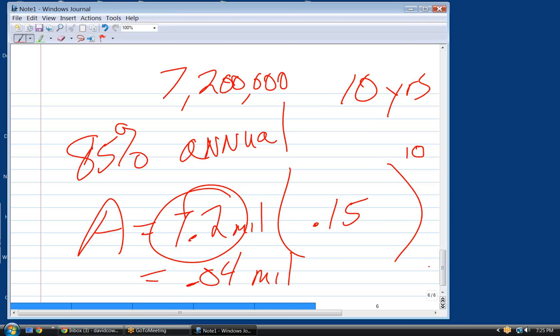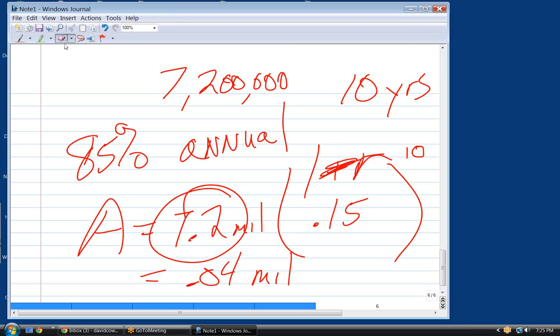Okay. So when you have growth, it's always 1 plus R. When you have depreciation or decay, it's 1 minus R. And in this case, the R is 0.85.